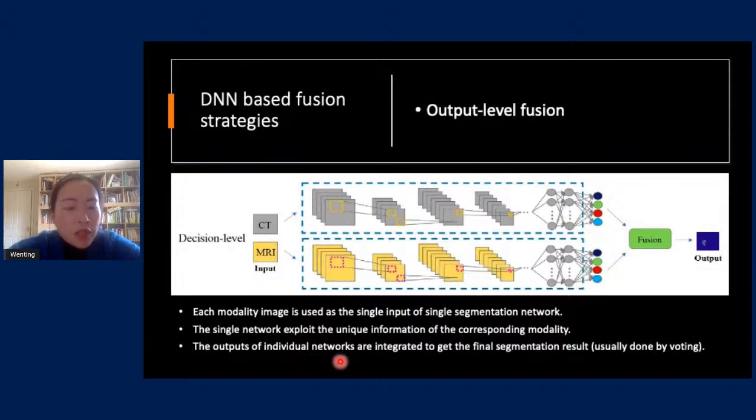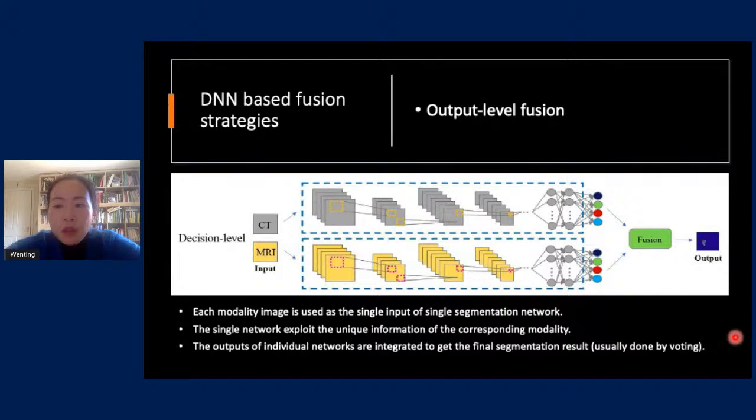The outputs of the individual networks are integrated to get a final segmentation, so the fusion happens at the output level. This is usually done by what we call voting. There are 2 types of voting strategy: the averaging strategy and the majority voting strategy.